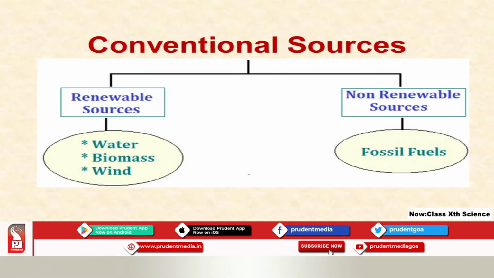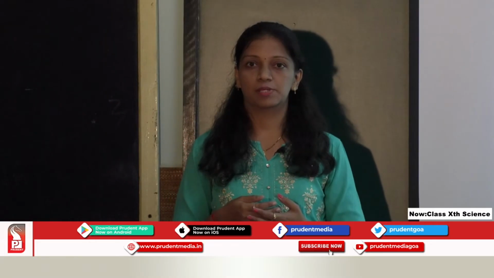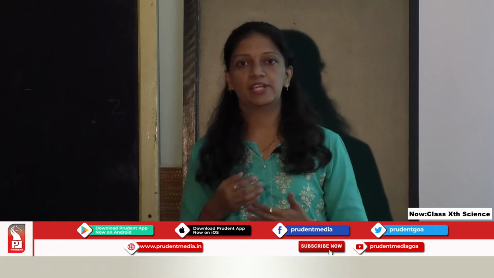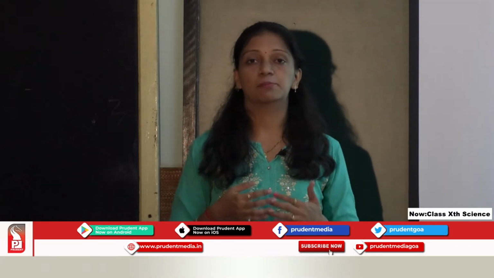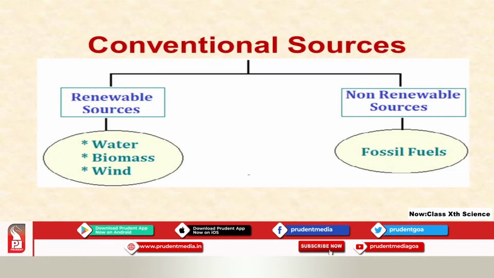These conventional sources of energy are again subdivided as renewable sources and non-renewable sources. Renewable sources means the sources which are inexhaustible, which are formed every day. They are available in plenty, like water, biomass and wind. What about non-renewable sources?